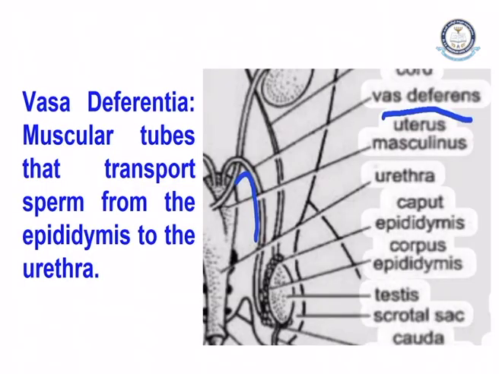This tubular structure helps in transport of the sperm from the epididymis to the urethra. The vas deferens is the transport organ of the male genital system.